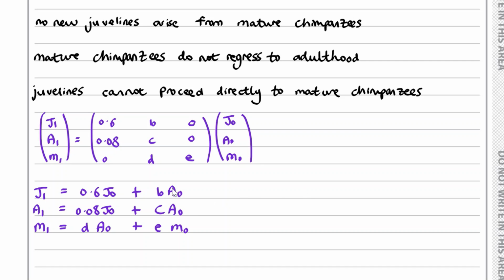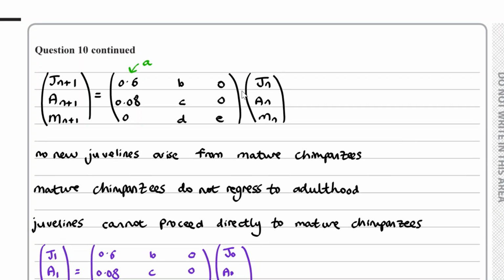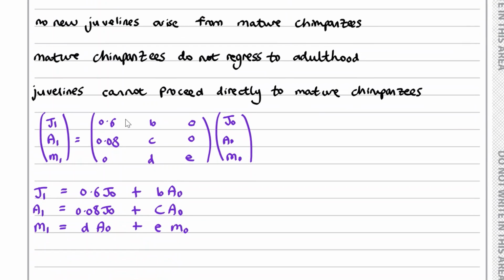So if you look at the equations like this, these statements make a bit more sense, and it makes more sense as to why we have these zeros here. So here in the first year, the number of juveniles is equal to a proportion of the initial juvenile chimpanzees and the adult chimpanzees.